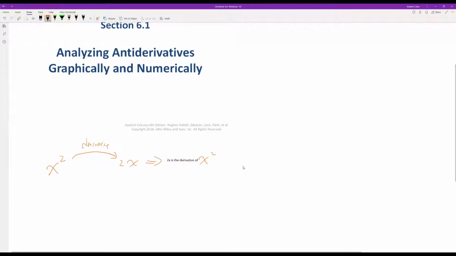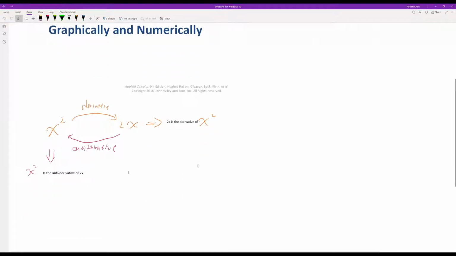But if we do it the other way, if we look at that direction, that will give you the antiderivative. In that case, we can say that x squared is the antiderivative of 2x. So that's the relationship between antiderivatives and derivatives.